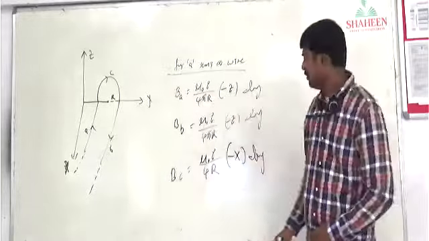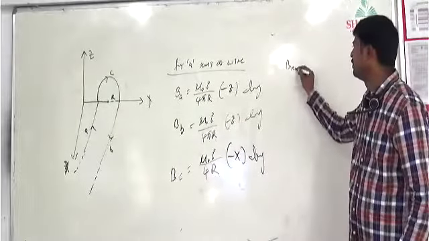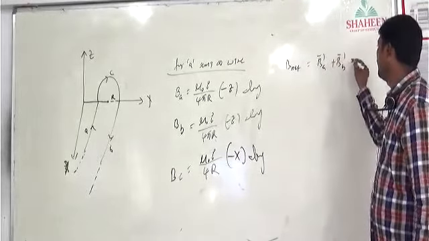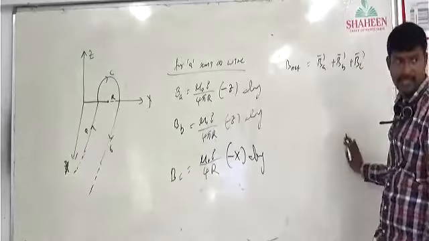So net magnetic field is what? B net is B_A vector plus B_B vector plus B_C vector. Vector addition only.